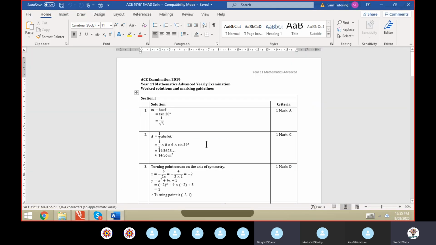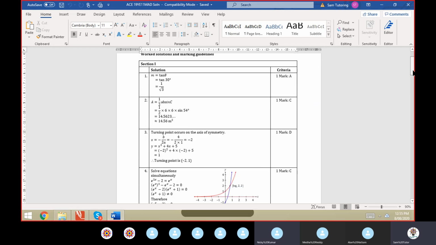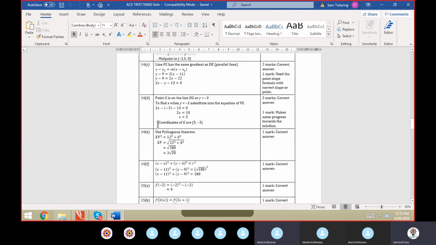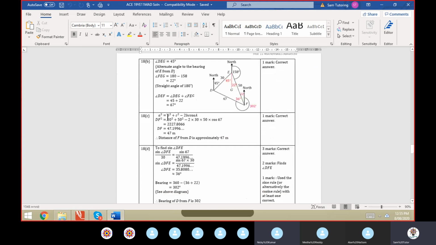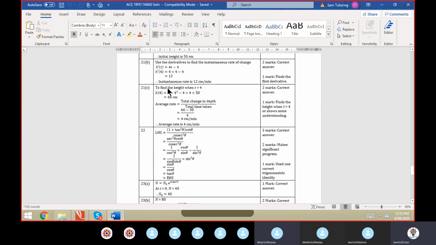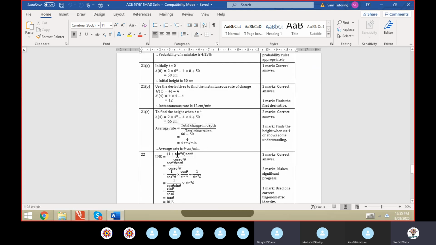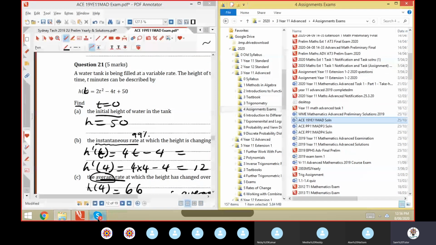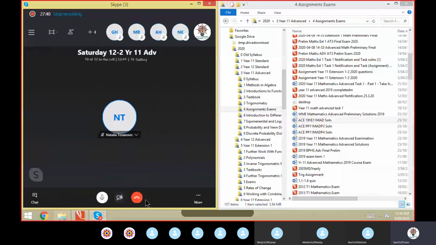I will. Yep. Average 4 centimeters per minute. Instantaneous 12 centimeters per minute. I'll send the solutions now as well. That's fine.